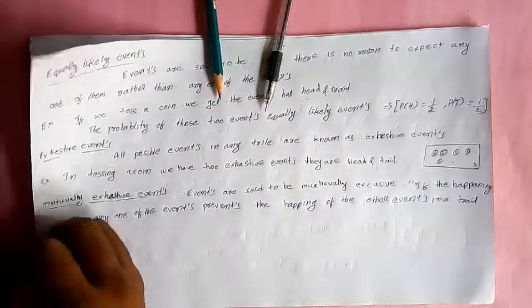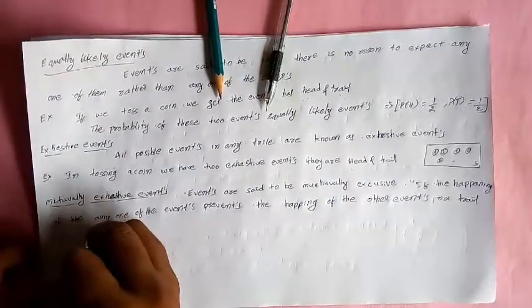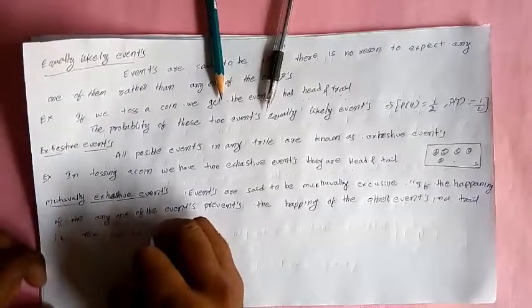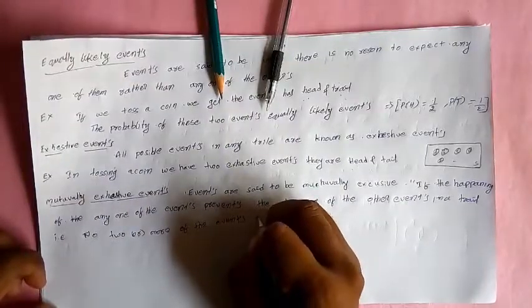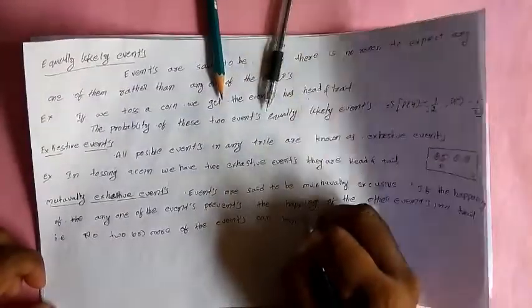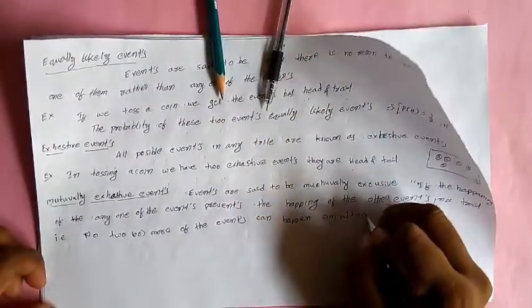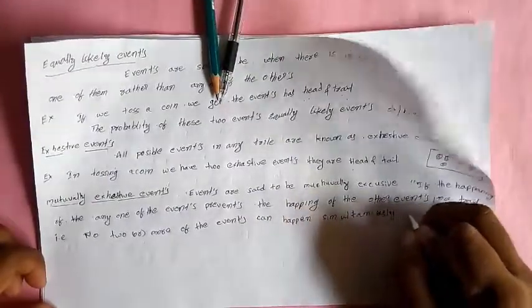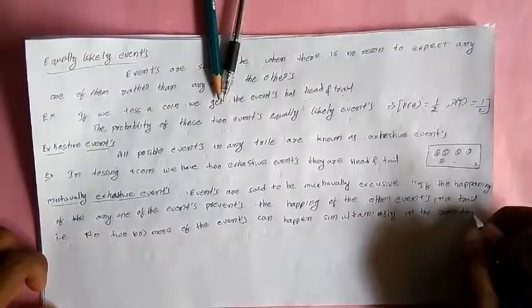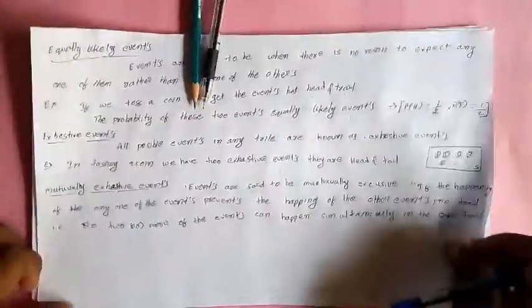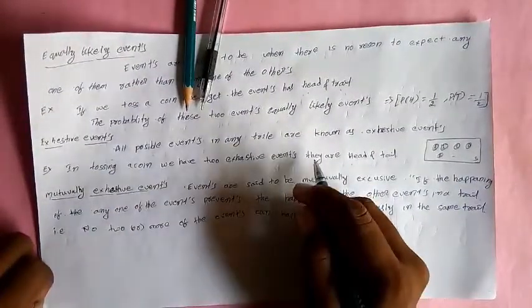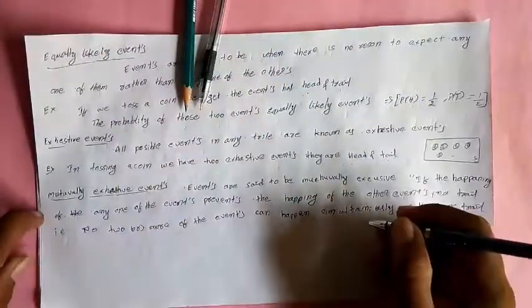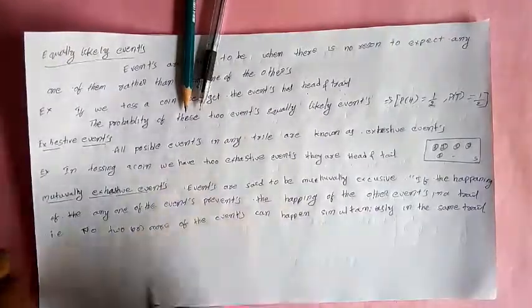Another way we can say it is that no two or more of the events can happen simultaneously at the same time.